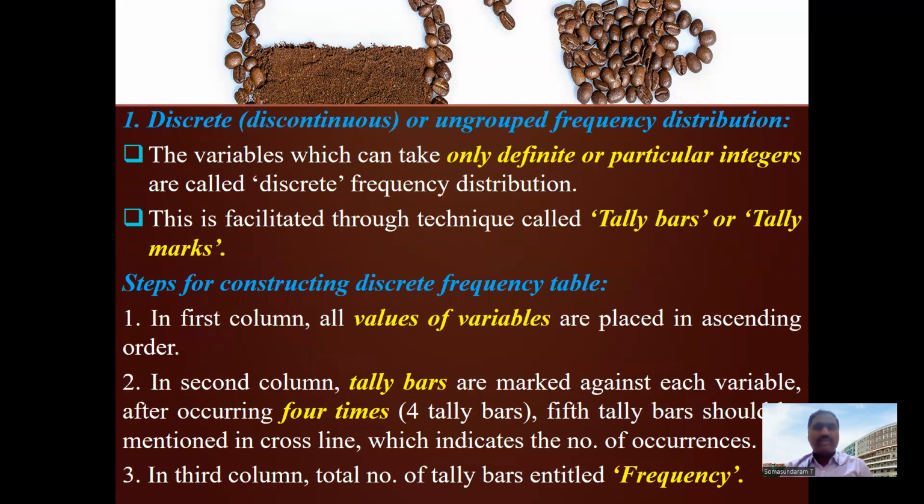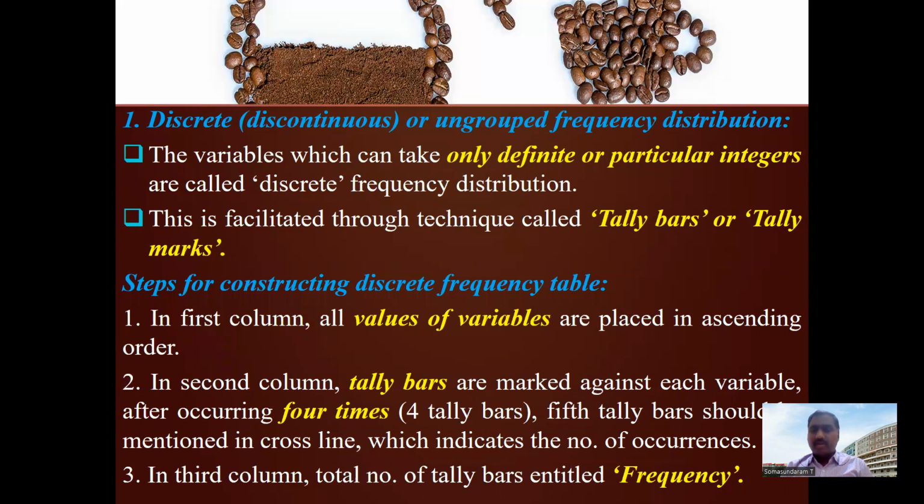There are two different types of data: one is discrete data, another one is continuous data. Discrete data means you have rounded values, whole integers, or exact numbers, whereas continuous data is where you can group the data with the same interval, right?